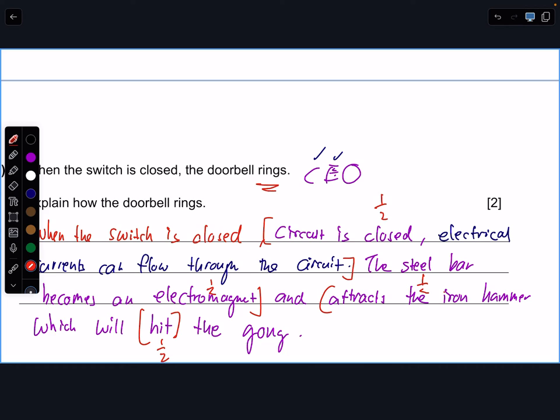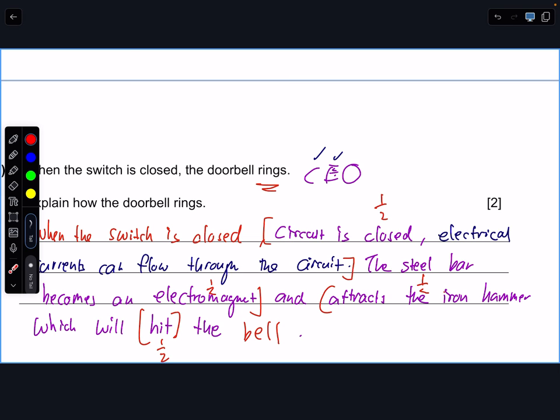Why? Because they said ring. Oh sorry, hit the bell. But you all get what I mean, right? Because it's about ringing it, it has to hit. Just by attracting it, if the hammer doesn't hit the bell, it doesn't ring.